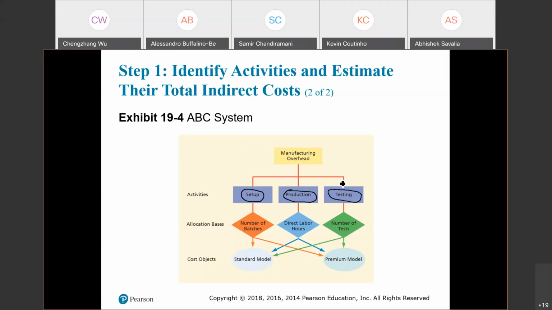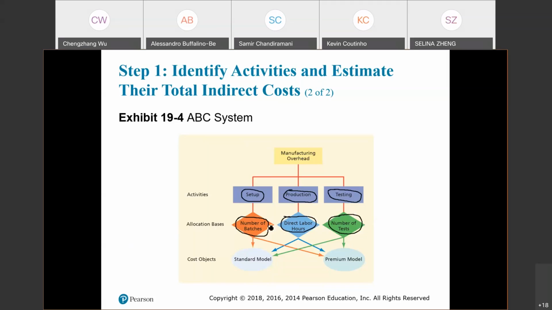For each different activity, we have different allocation base. For setup, we use the number of batches as the allocation base. For the second activity, which is production, we use direct labor hours. And lastly, for testing, we use the number of tests as the allocation base.